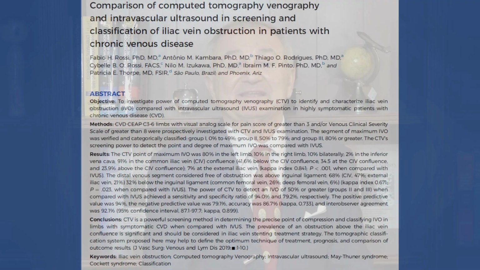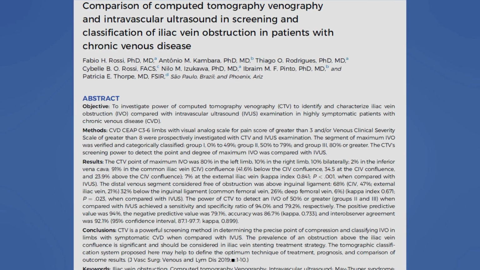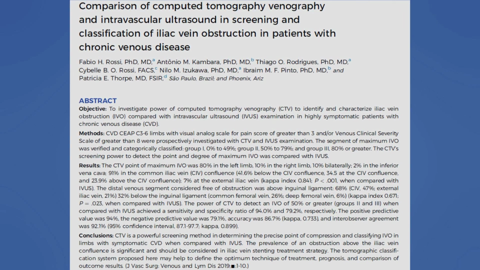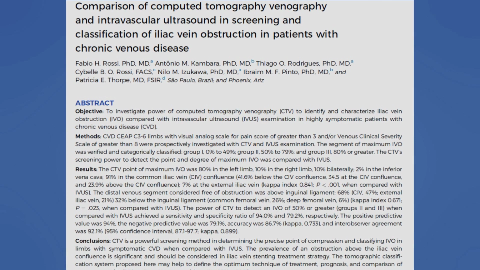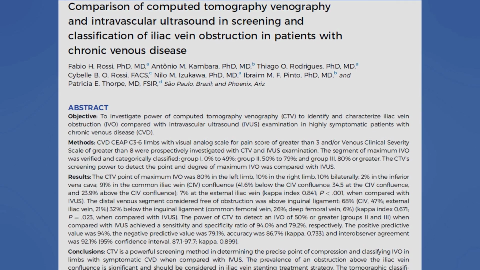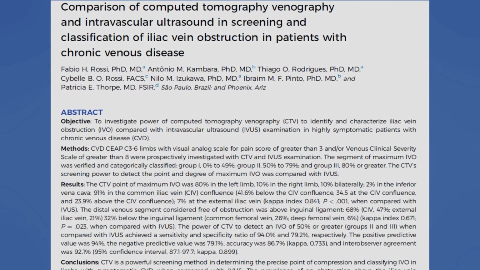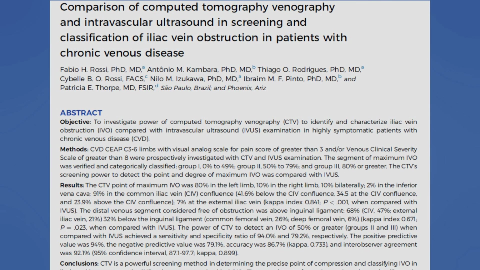The next paper I would like to introduce to you is entitled "Comparison of Computed Tomography Venography and Intravascular Ultrasound in Screening and Classification of Iliac Vein Obstruction in Patients with Chronic Venous Disease," written by Dr. Fabio Rossi and colleagues from Sao Paulo, Brazil and Phoenix, Arizona.